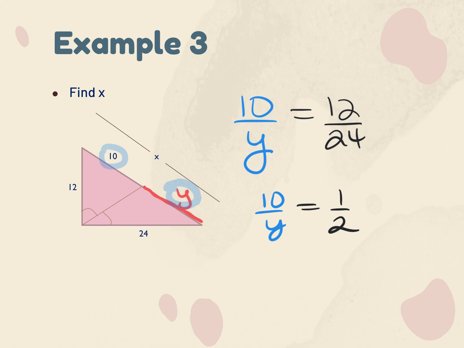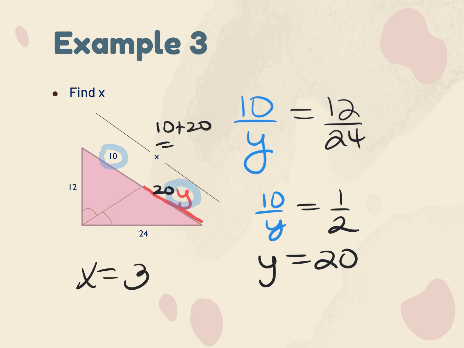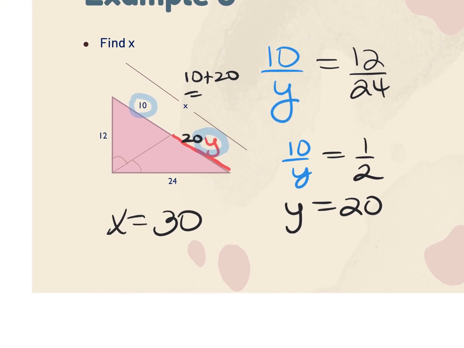And then if I cross multiply, I end up with y equals 20. So again, if you wanted to think of this as top over bottom, you could. Now, it didn't ask for y, it asked for x. So if this little piece now is 20, x is going to equal 10 plus 20, so x equals 30.